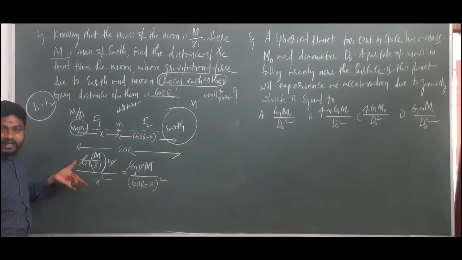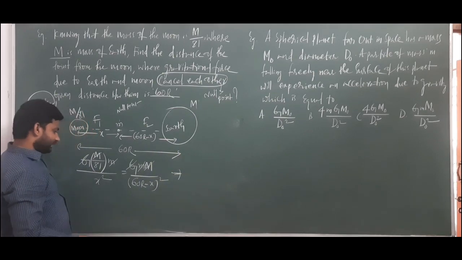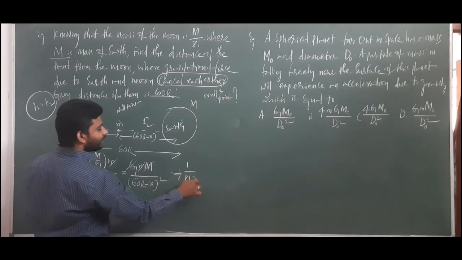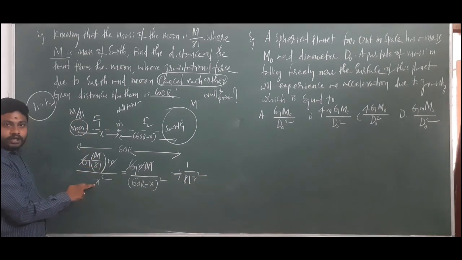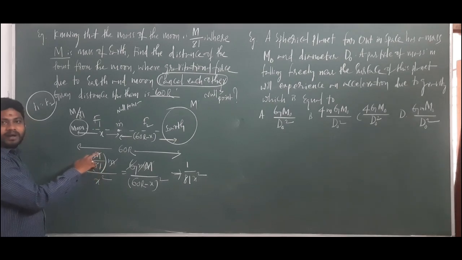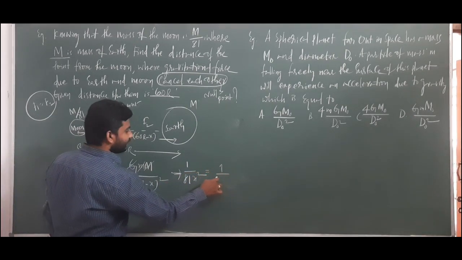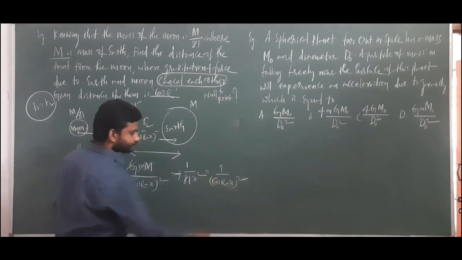So what is remained in the left hand side? I am just writing here. 1 by 81 x square. So this will be coming here, 1 by 81 x square, which is equal to 1 by (60r minus x) whole square.